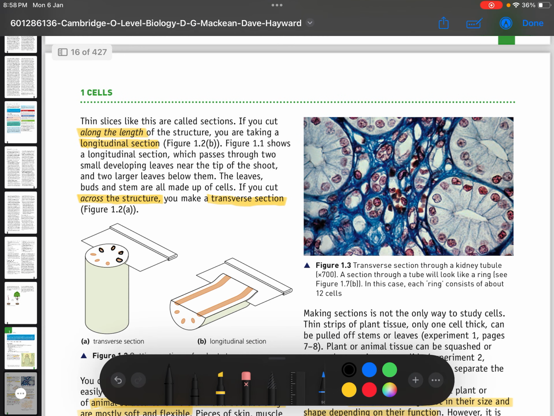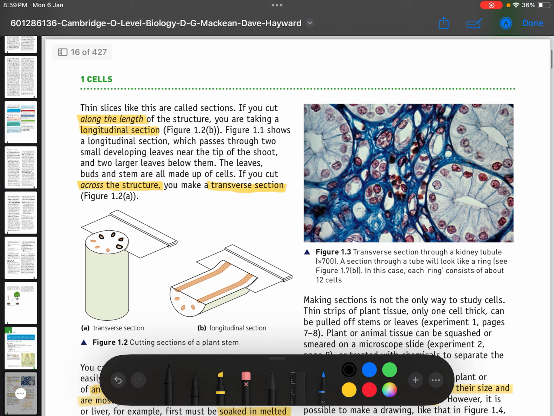Now before we get into cells and different types of cells, one very important thing you need to know is how we look at any specimen, any structure or substance under a microscope, something which cannot be seen with the naked eye and needs magnification.